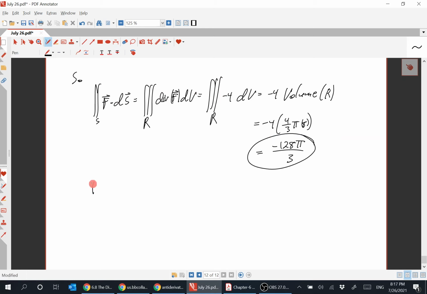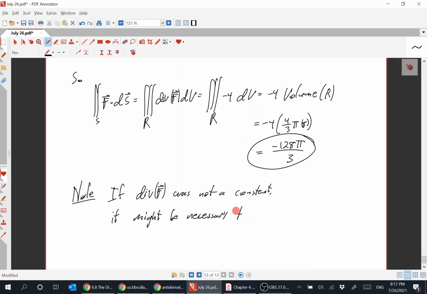Note, if the divergence of F was not a constant, it might be necessary to use spherical coordinates to calculate.